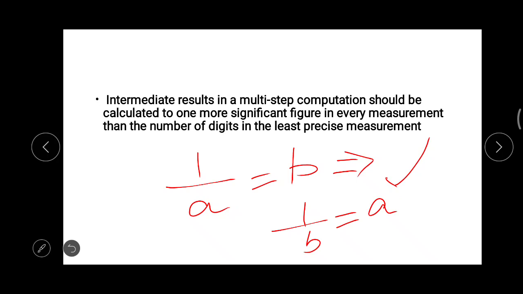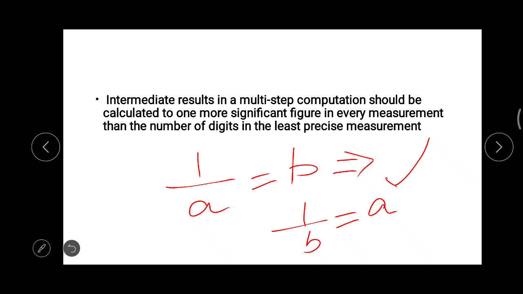That means if 1 by A is B, then 1 by B is equal to A. But if you are focusing on the significant figure, in some cases some errors can happen. Actually we are rounding off the values, then some changes in the values can happen.